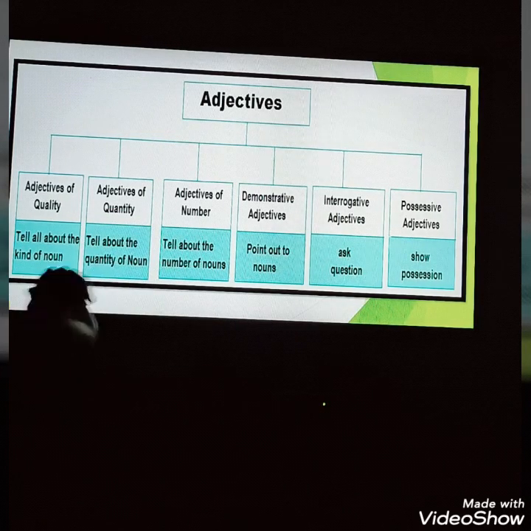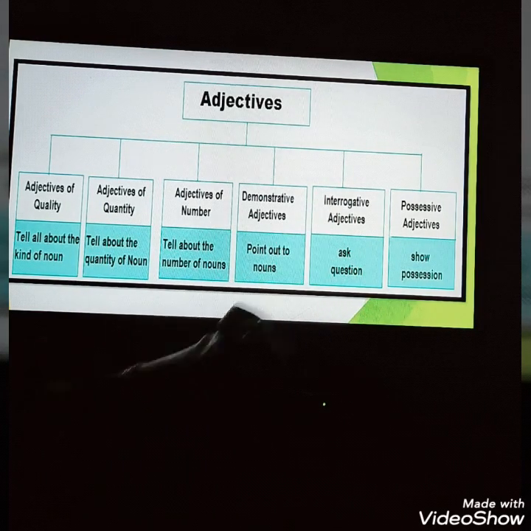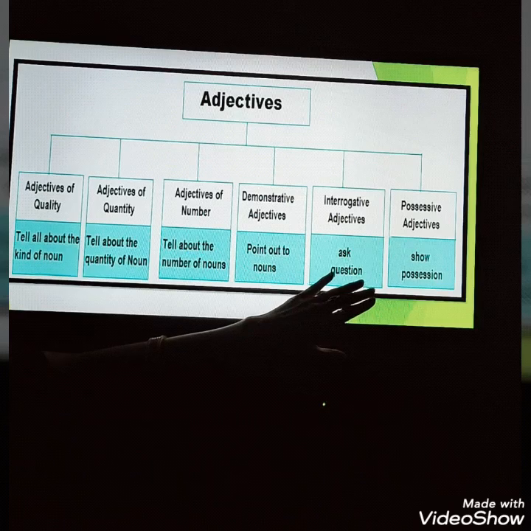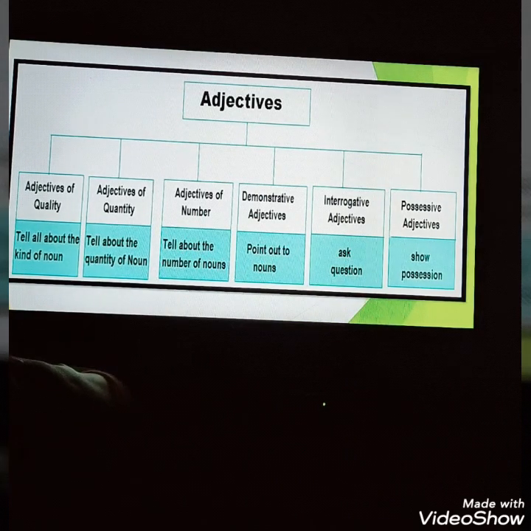Adjective of number tells about the number of nouns. Demonstrative adjective points out the noun, where it is. Interrogative adjective asks questions. Possessive adjectives show possession or belongings. Let us now learn more about it.